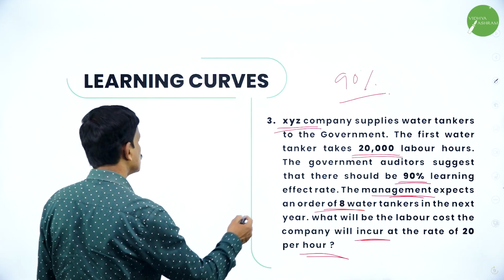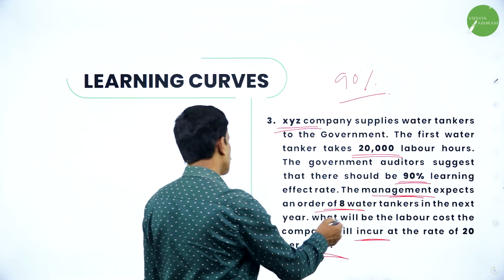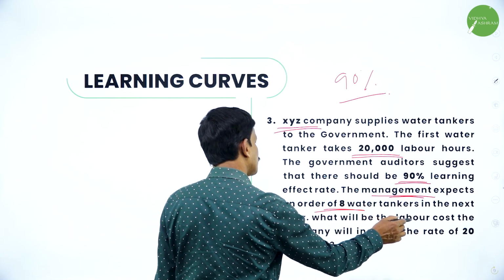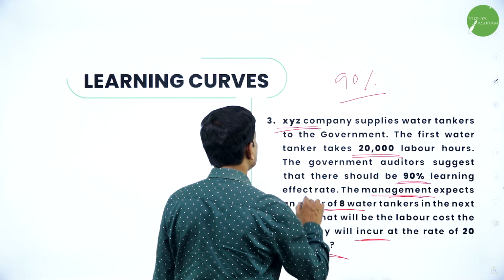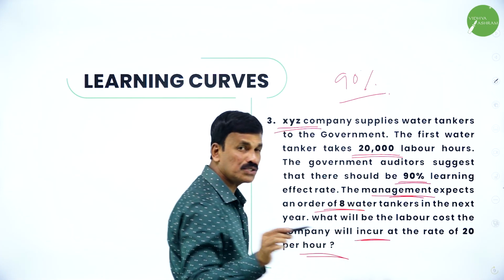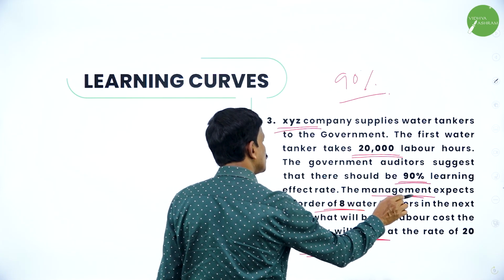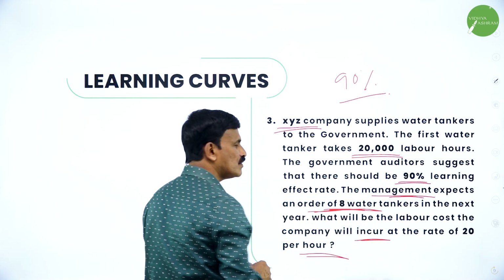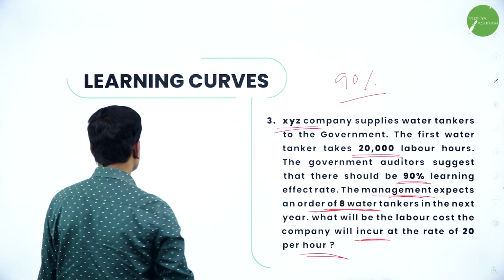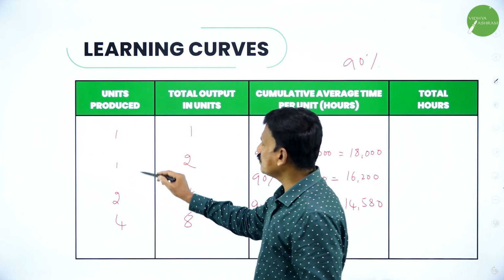What will be the labor cost of the company at the rate of rupees 20 per hour? The management expects an order of 8 water tankers, so again it is 90%.